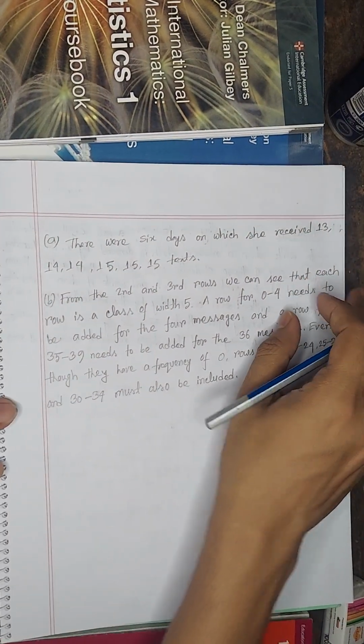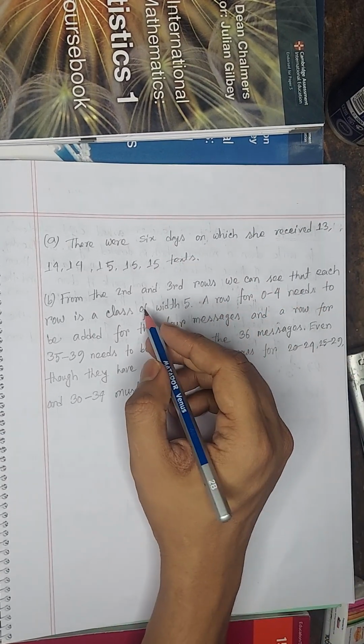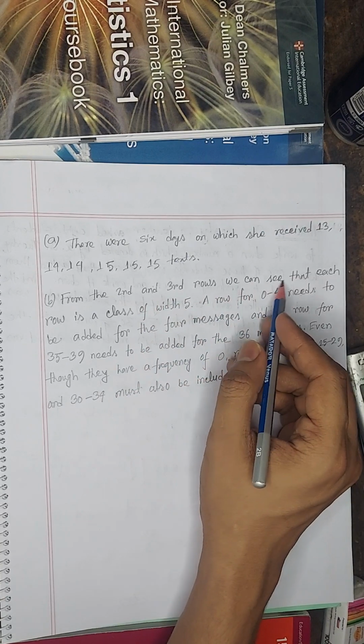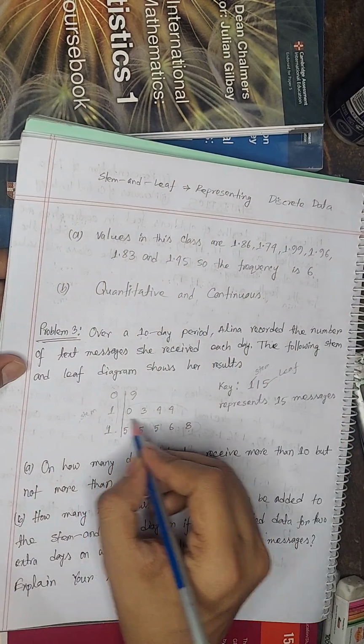She received between 10 and 15 messages on 6 days. And from the second and third rows, we can see that each row is a class with a width of 5.